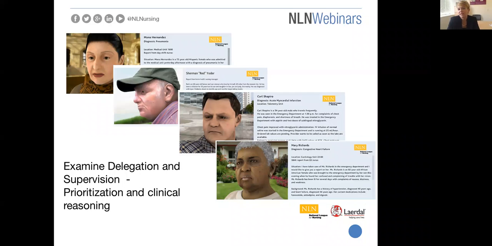And based on what's happening with the patient at the time, how do I delegate managing patient care situations? So they work in small groups and have conversations where they can stop and start simulations to get a better feel for the thinking and rationale behind it.